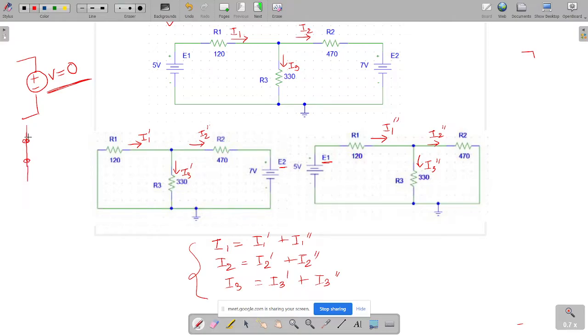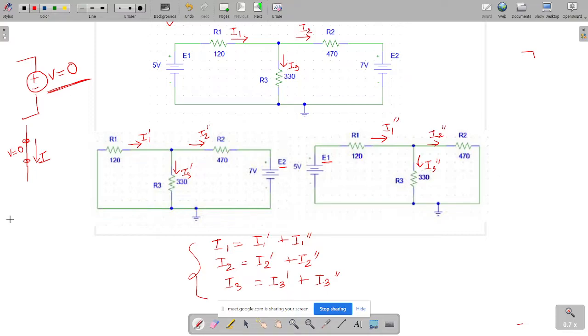Can anyone tell me? It's because short circuits do not have any voltage drops, and they do not affect the flow of current. The current can easily flow through any short circuit, and the voltage across the short circuit is always zero.